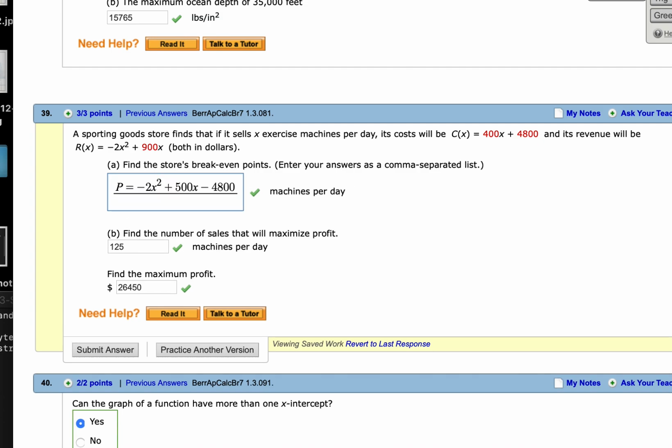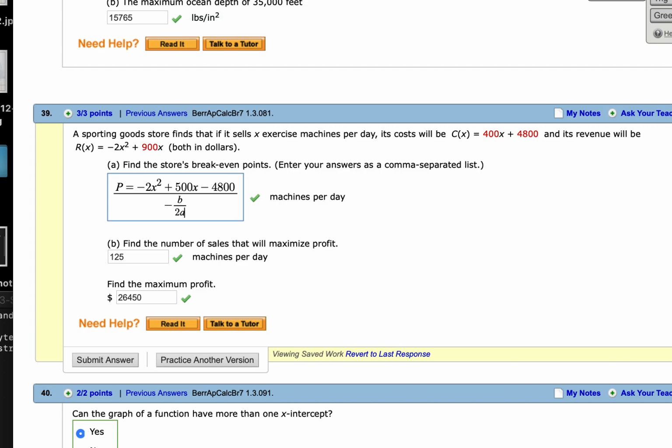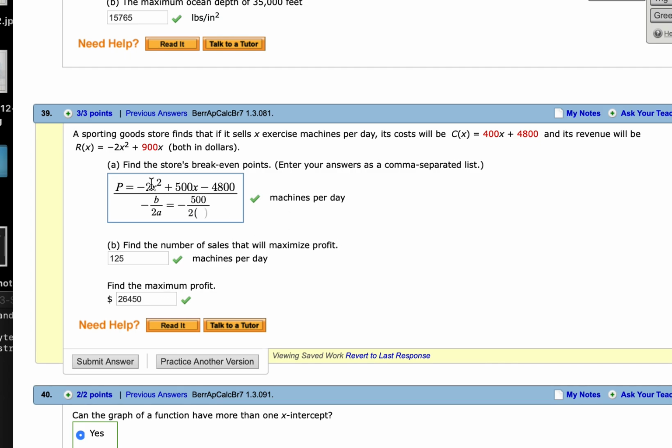Remember, the vertex formula was x equals negative b over 2a. So we're going to plug the numbers into that. Negative b over 2a equals negative b, which is, okay, b is 500, over 2 times a, which is negative 2. So it's 2 times negative 2, which is negative 4.